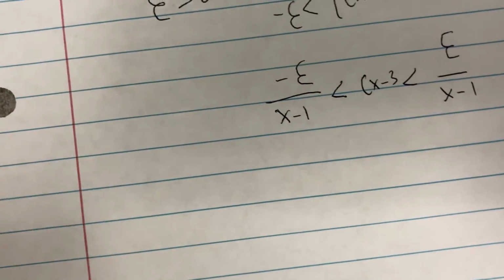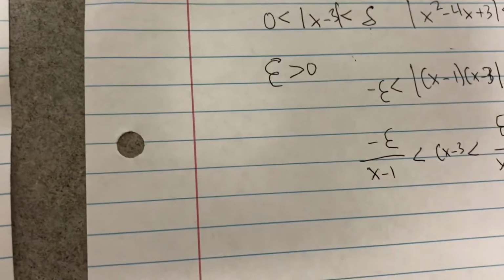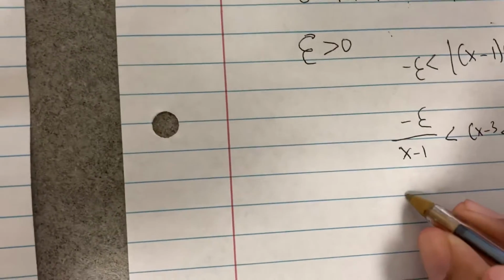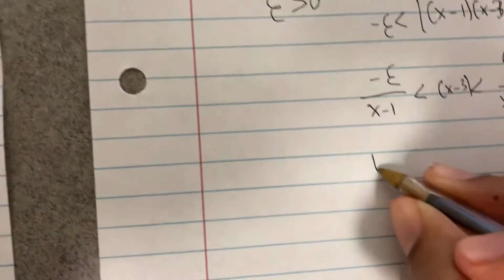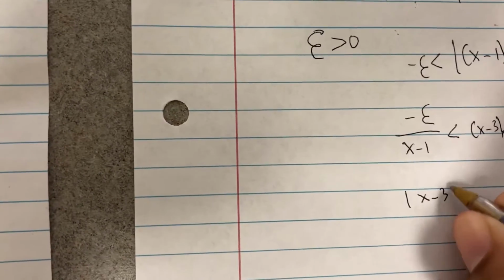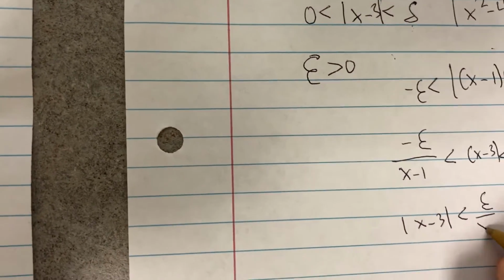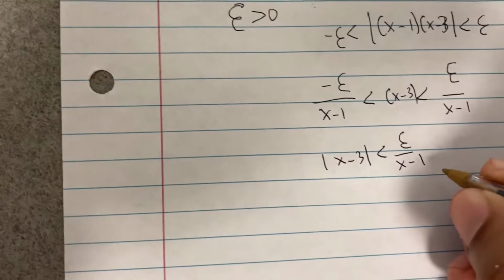So it would end up being like that. So then from here, you can say that the absolute value of x minus 3 is less than this over x minus 1.